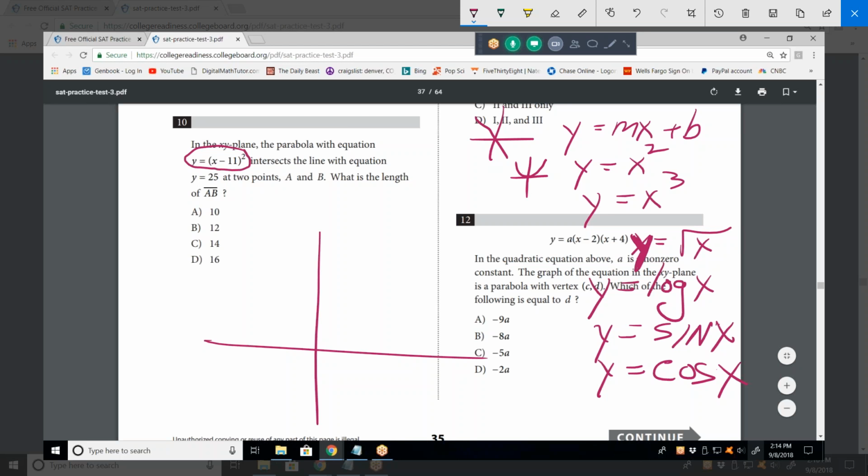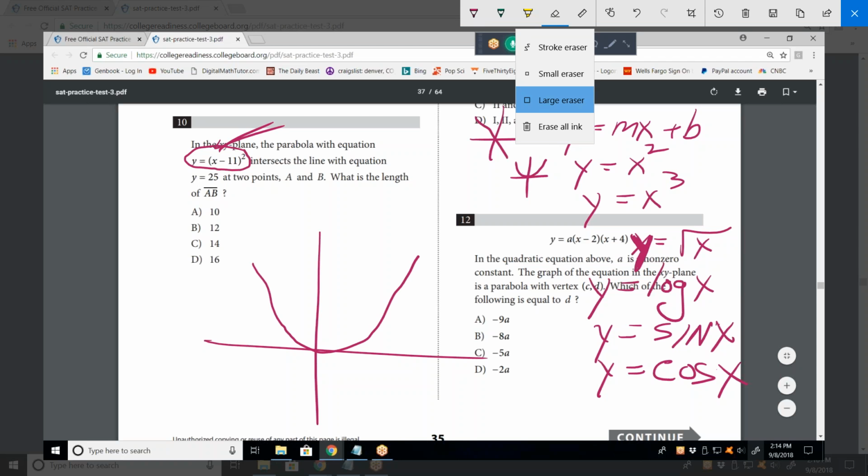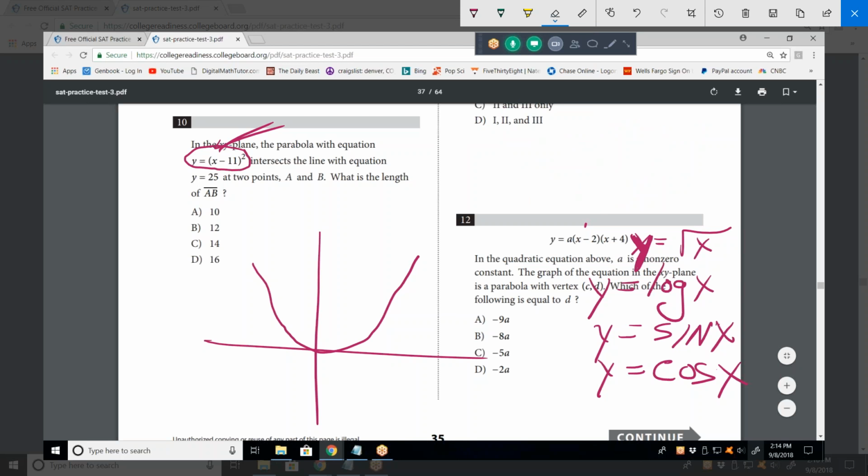When I look at the function they've given us, it's not y equals x squared, it's y equals x minus some number squared. So if I draw the parent function on here, now what transformation is that? How can I graph y equals (x minus 11) squared? Remember your transformations.